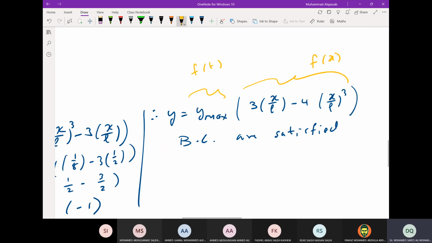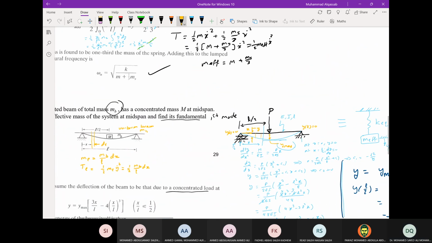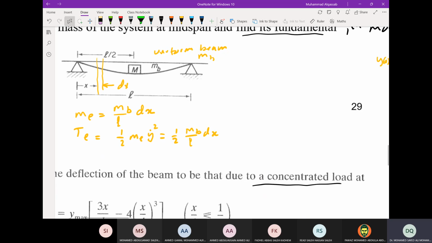So the kinetic energy will be, this is squared, so it is y dot maximum multiplied by the f of x, which is 3x over L minus 4x over L to power 3. The whole thing is squared. This is the kinetic energy of the element.